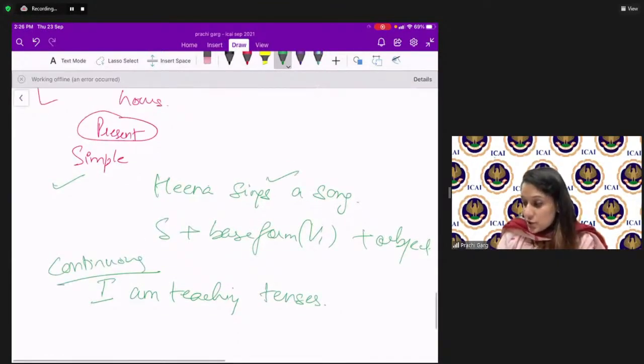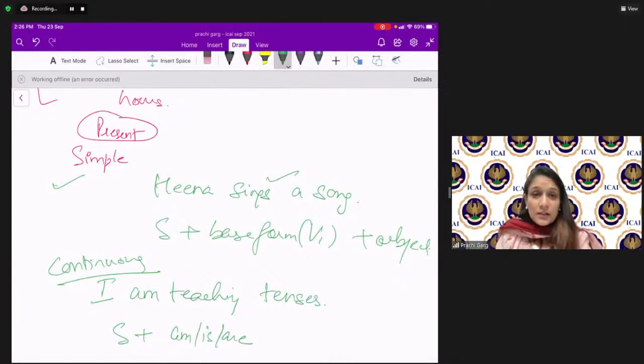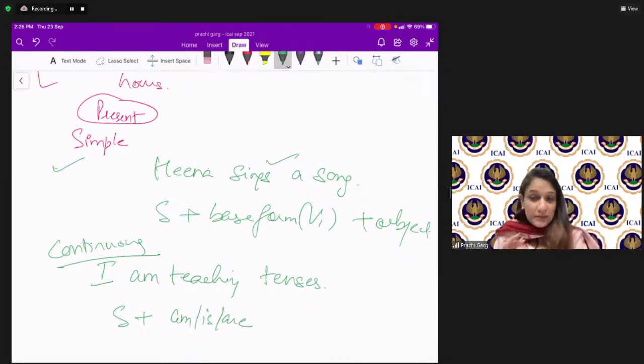And the sentence structure is subject, am, is, are, auxiliary, depending on the subject. Since I'm using I as a subject, I'm using am. If it would have been you, then I would have used are. If it would have been he or she, I would have used is.